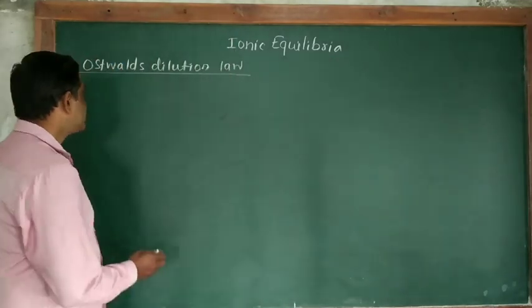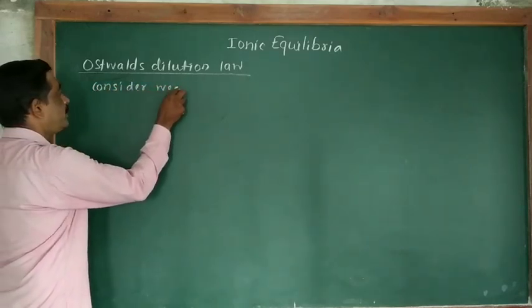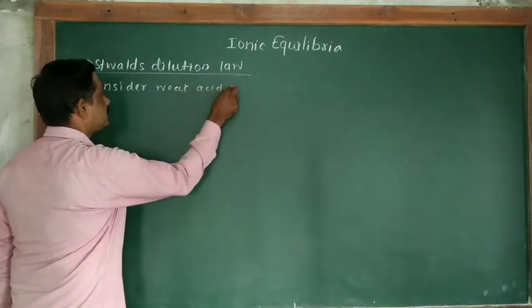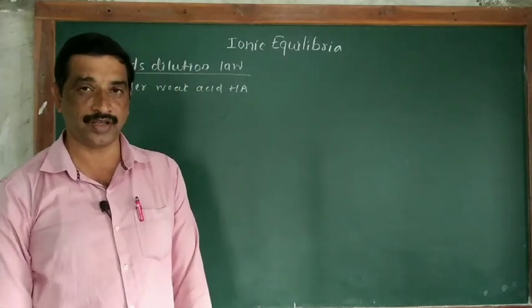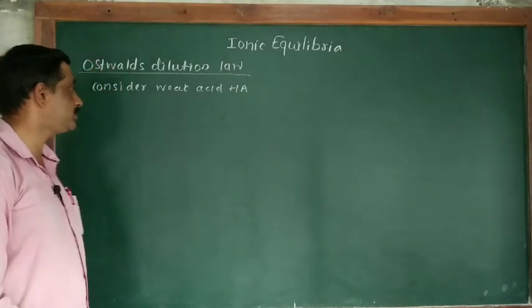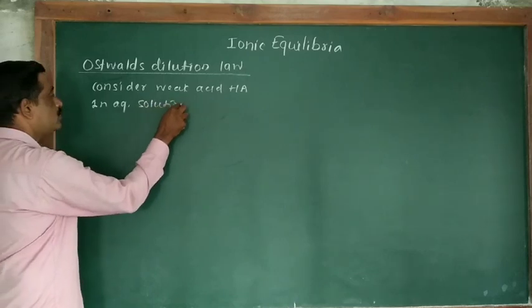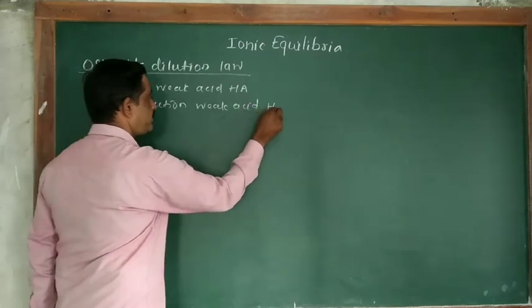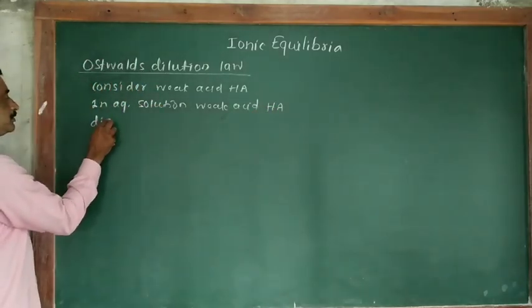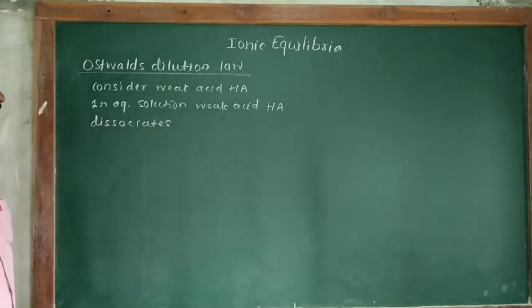So here we consider a weak acid HA. We know weak acid is generally represented by the symbol HA. In the aqueous solution, this weak acid HA dissociates in dilute solution or in aqueous solution of this weak acid.